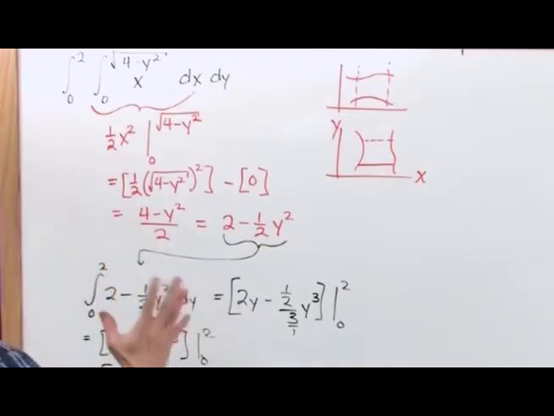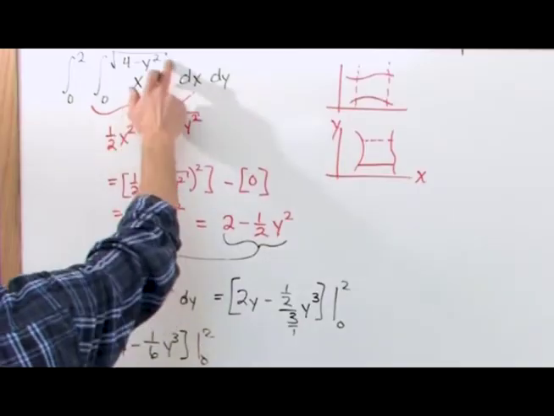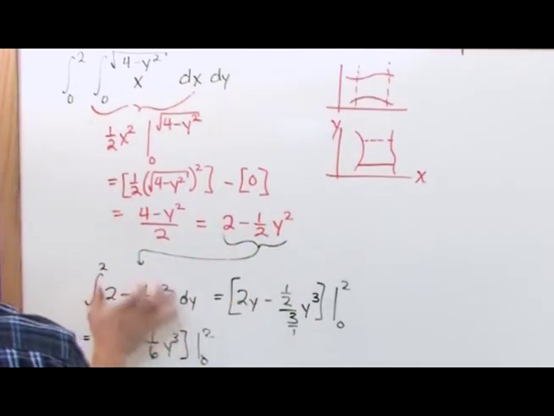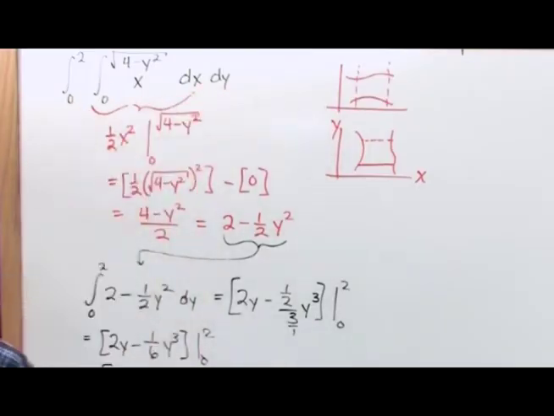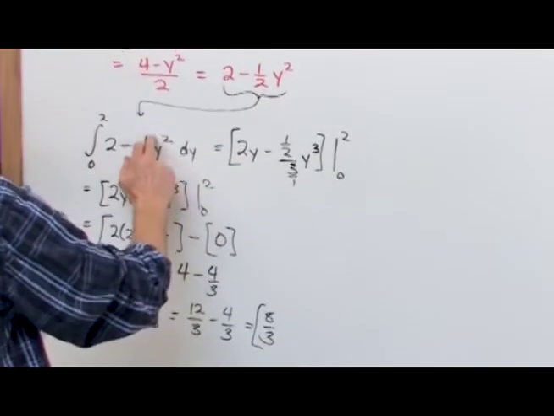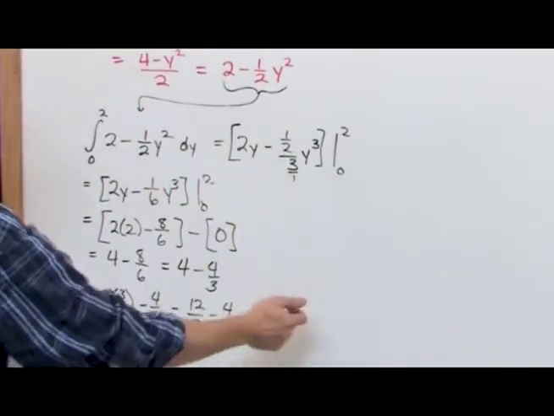But in any case, mathematically, it's the same deal. You integrate along x, so we got the 1/2 x squared. We plugged in the limits of integration, and we got this. We took this and integrated along the other direction, the y direction, which is just a simple integration from calculus 1. Get the 2y, get y to the third, and you just do your evaluation of the limits of integration, and you get a number.